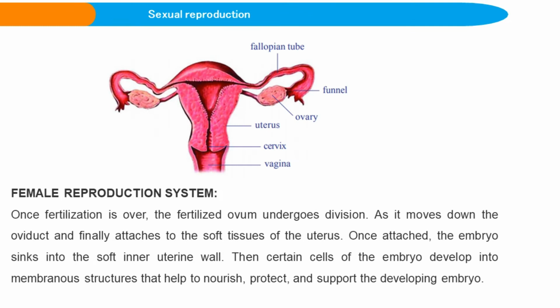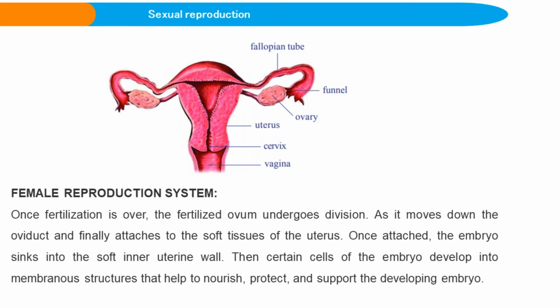And what happens after fertilization? What happens to the zygote after fertilization? Once fertilization is over, the fertilized ovum, that is the zygote, undergoes division as it moves down the oviduct and finally attaches to the soft tissues of the uterus. The attachment of the embryo with the uterus is called implantation.